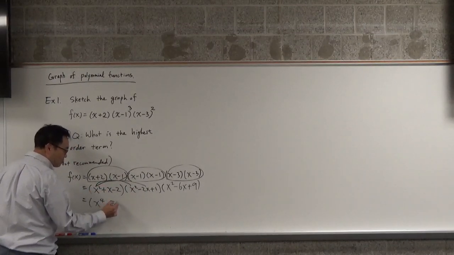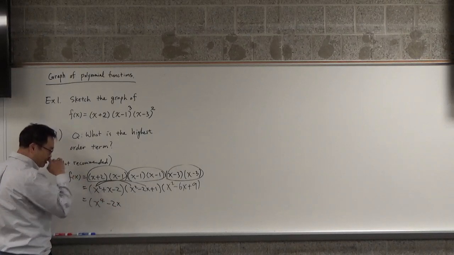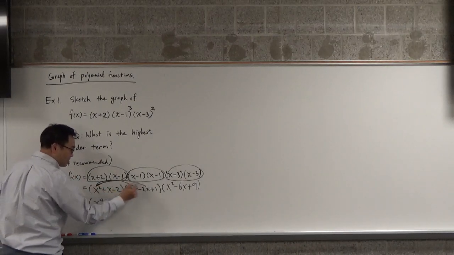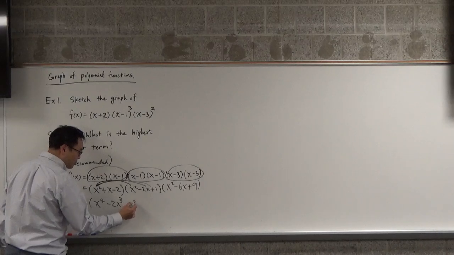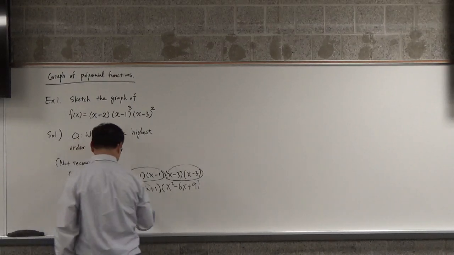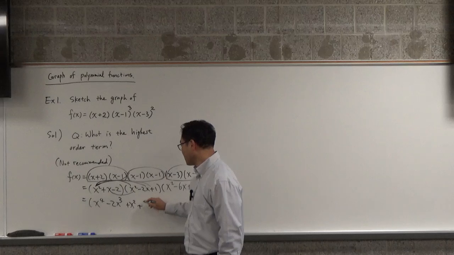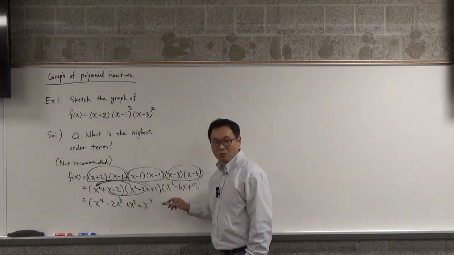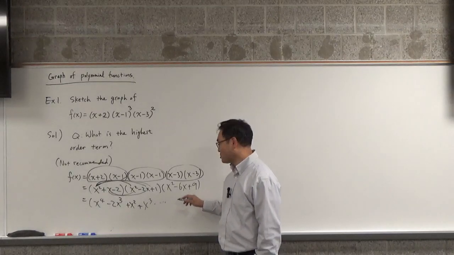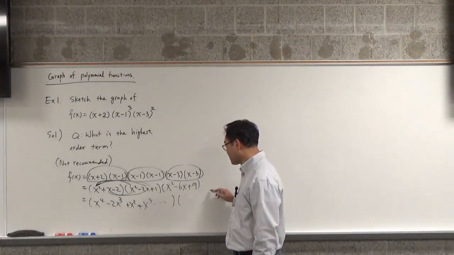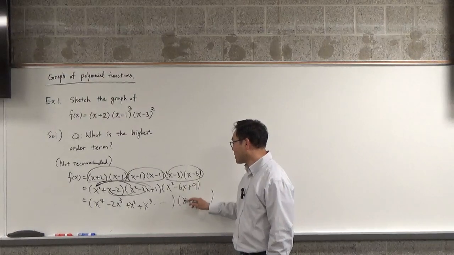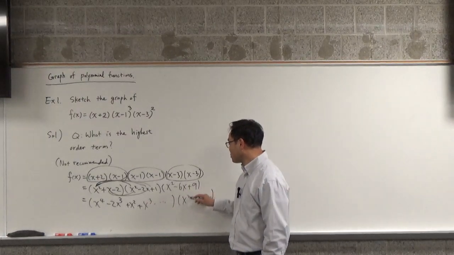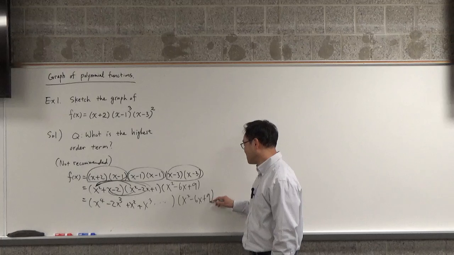Then minus 2x cubed plus x squared, and then do this. That's x cubed. You already see that this is not what you want to do, right? And you still have to multiply. After doing all this, you still have to multiply this.